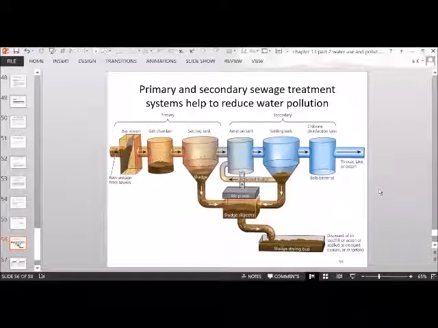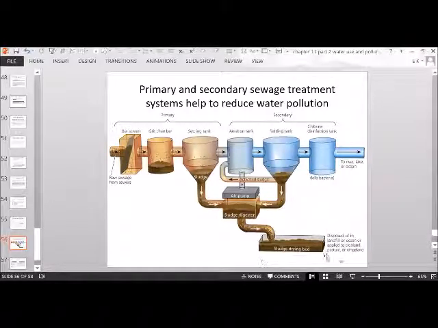This is just a schematic showing you the primary and secondary levels of sewage treatment. The primary, again, is the removal of physical properties, the solid waste, and the secondary treatment is going to be the bacterial decomposition.